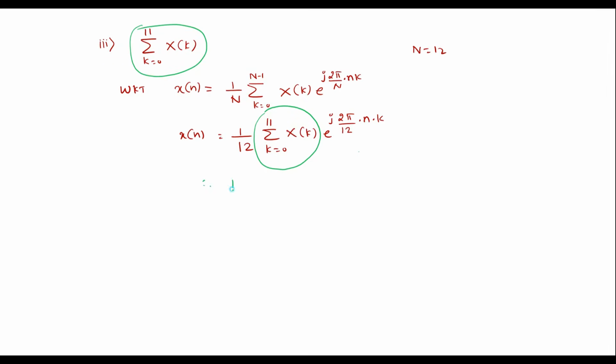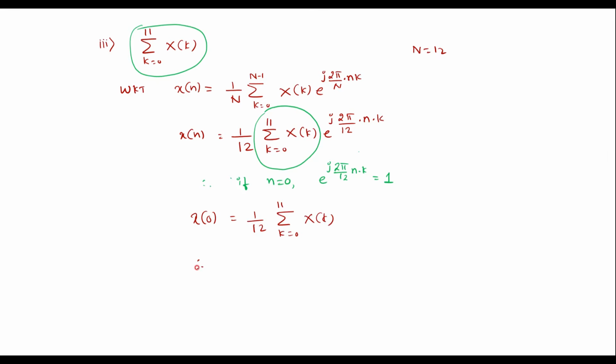Therefore, if n is equal to 0, then e power j 2 pi by 12 into n into k is equal to 1, because n equals 0. So now we take n equal to 0: x of 0 is equal to 1 over 12 summation k equal to 0 to 11 x of k.